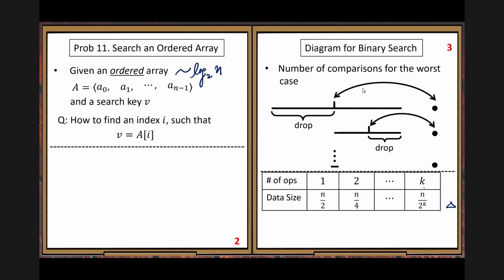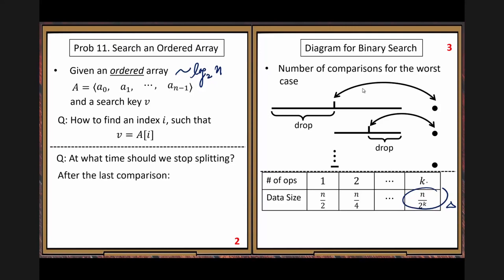With this expression, now we try to figure out the last split. Where is the last split? What is the k that corresponds to the last split? We need to use certain inequalities to find this k.